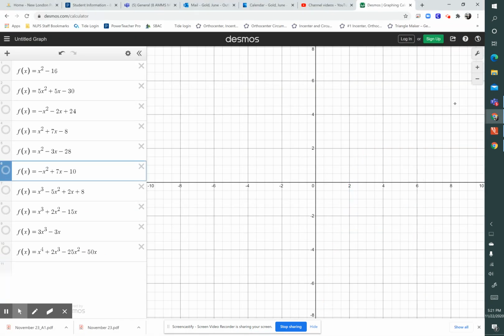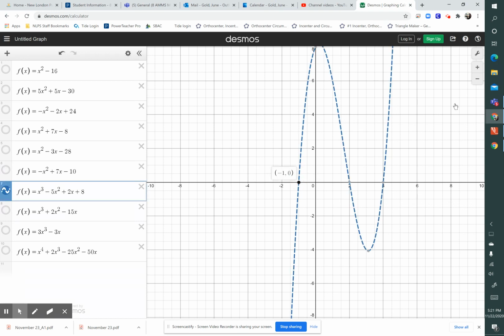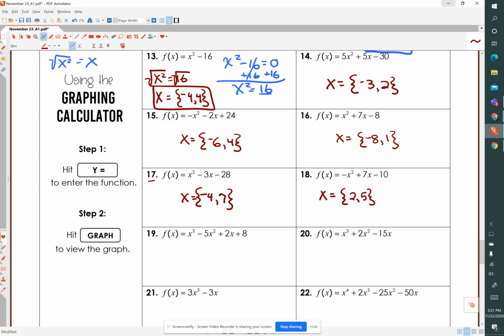So number 19, again, the dotted lines mean nothing, but look at number 19. We're crossing the x-axis 3 times. So we're crossing it at -1, 2, and 4. This graph crosses 3 times, so we note that in our answer.